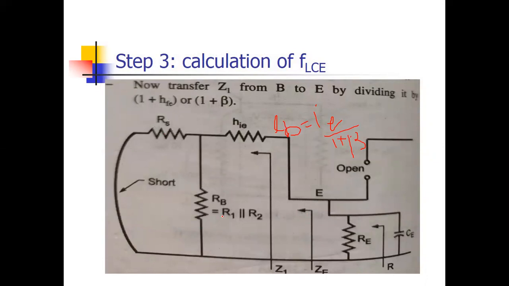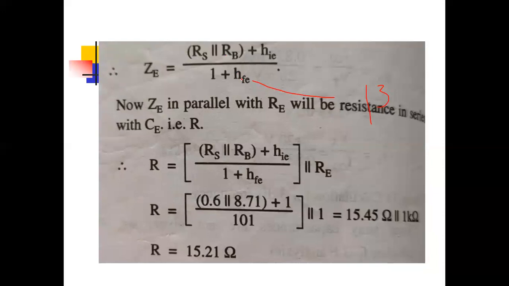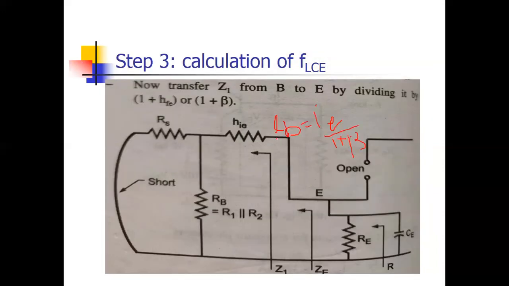RS parallel RB plus hie multiplied by IB, since we are calculating at the emitter. I am converting IB in terms of IE, so multiply by IE upon 1 plus beta. After solving this, V upon IE will give the equivalent resistance divided by 1 plus beta. Otherwise, just remember the short trick: calculate the total resistance and divide by 1 plus beta. That's it. So the total resistance is RS parallel RB plus hie divided by 1 plus beta.